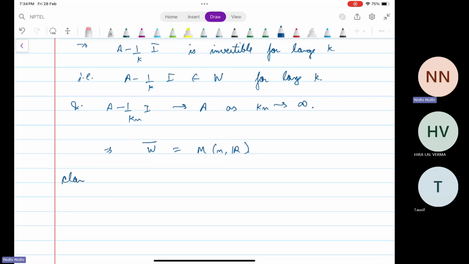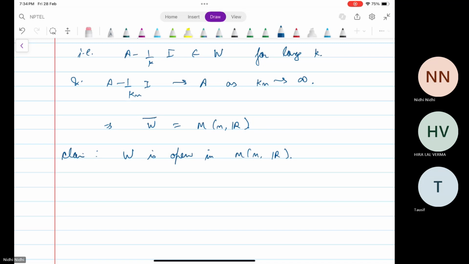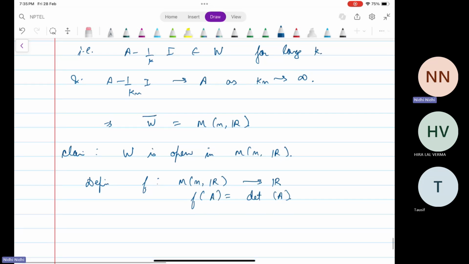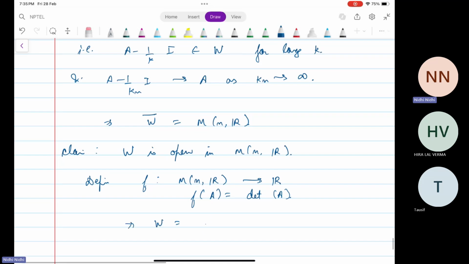I claim that this W is open in MnR. Now define f from MnR to R, f of A equal to determinant of A. Now this implies W is nothing but f inverse of R minus 0.